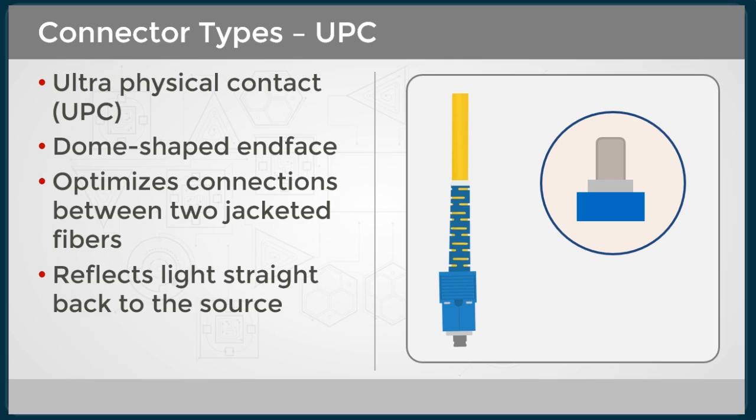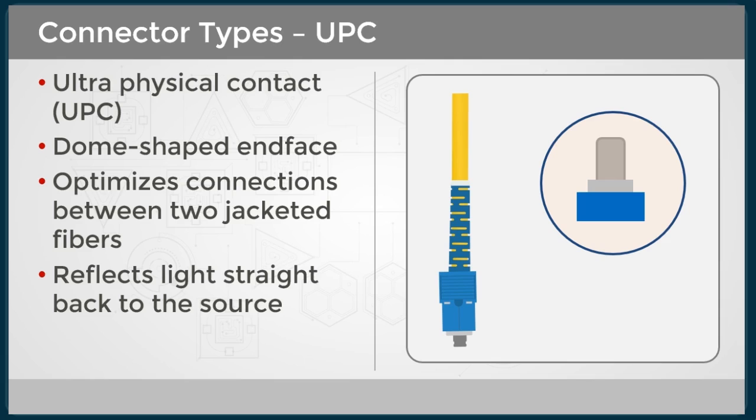So the end was actually shaped into this dome type of configuration to optimize the connection between the two jacketed fibers. And that ultimately did help to reduce any kind of reflection that might occur because of imperfections. But any reflection that did happen reflected right back toward the source. And this is referred to as return loss.